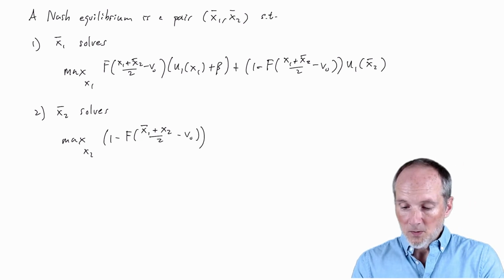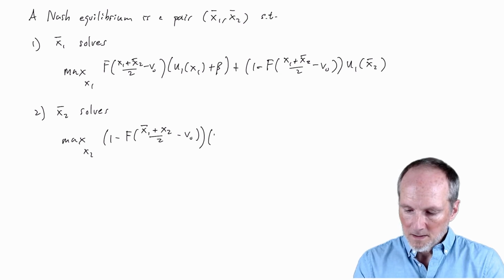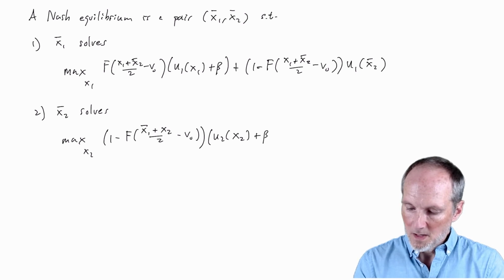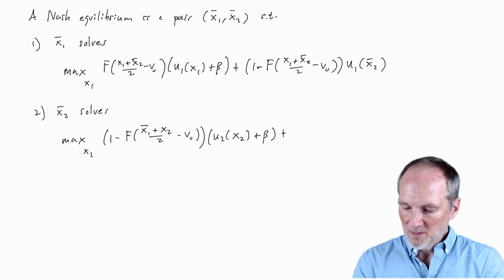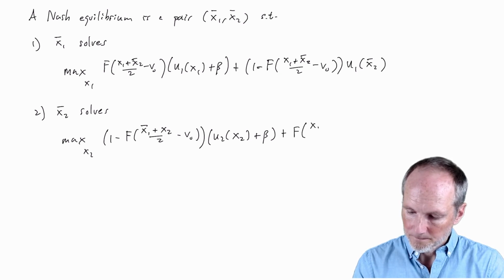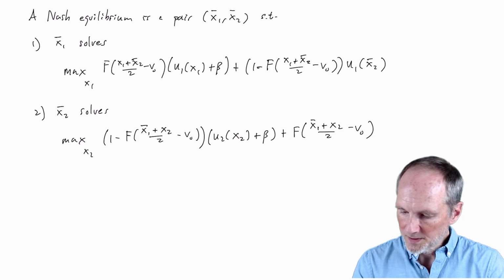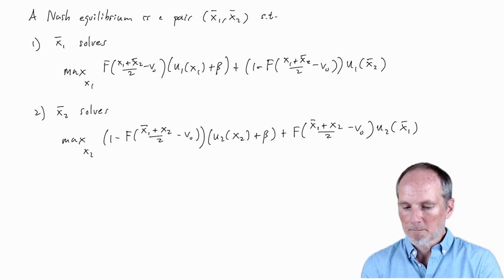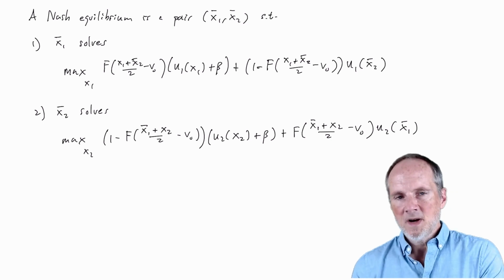So that's the probability that the voter chooses their proposal, so then they would get the utility from that plus the extra. And then with complementary probability, the voter would choose politician 1's proposal, in which case politician 2 gets the utility from politician 1's proposal. So it's the same idea as the public good provision model.